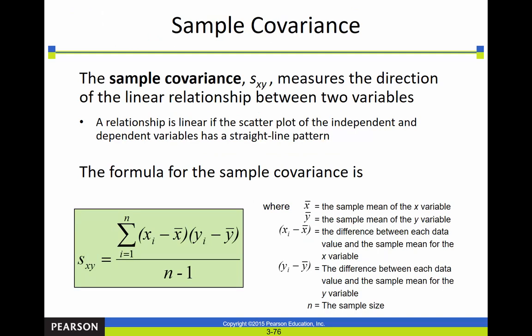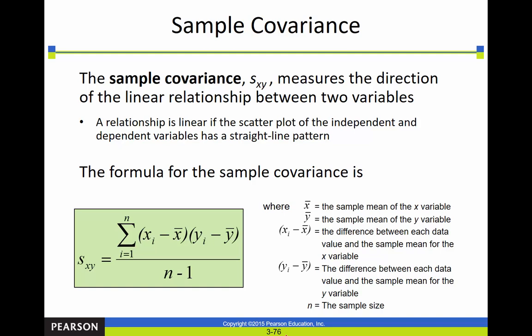So to calculate covariance, again, there's this scary looking math formula, and you'll see it's notated by S sub xy. All we do really is take each value of x minus the mean of x, times each value of y minus the mean of y, and then the sum of all of those.